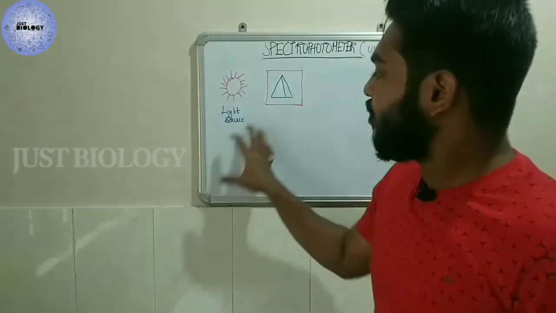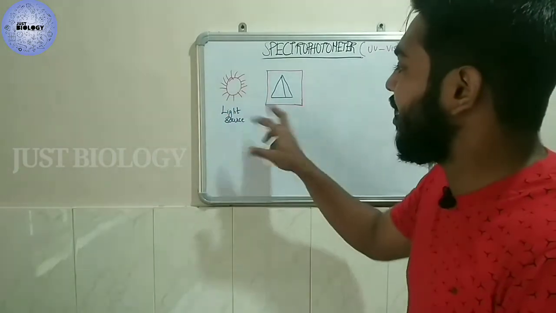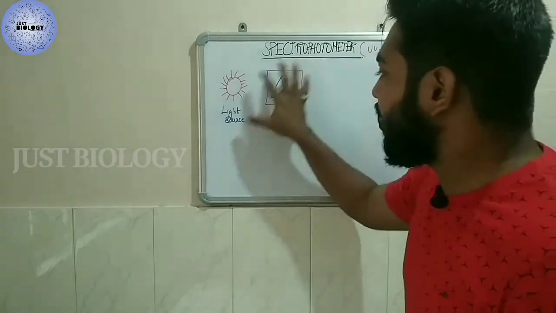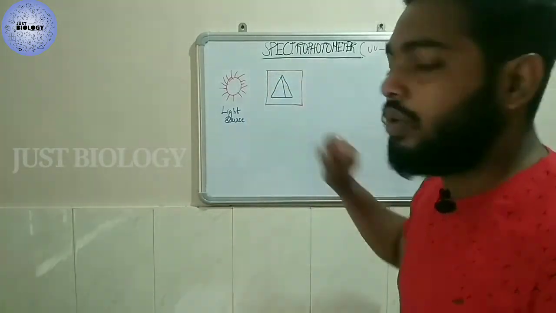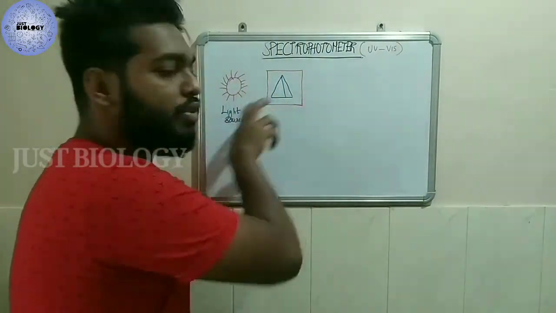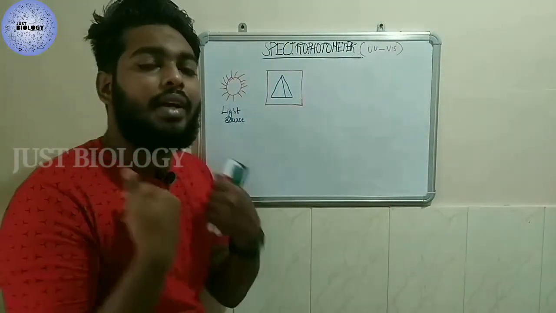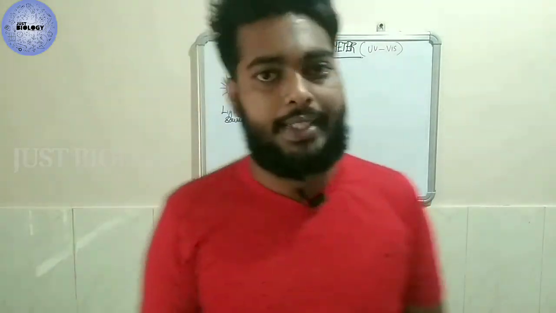So we have the light source here. The light source will emit an enormous amount of light. We place this monochromator just right after the light source because we have to sort out the lights. We can see an enormous amount of light, as I said.